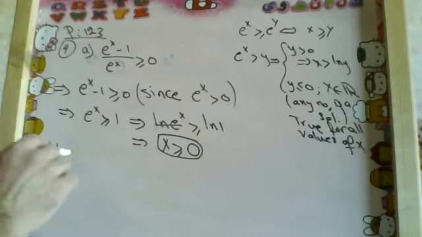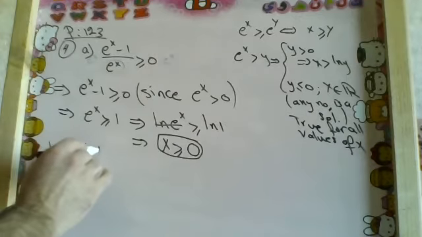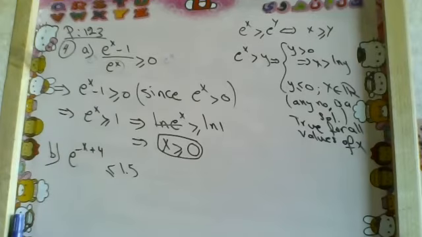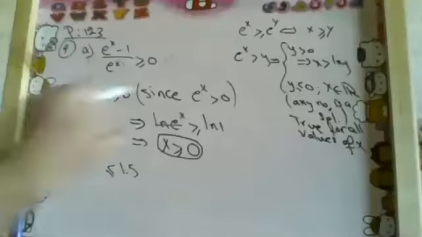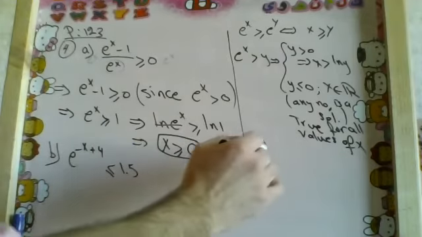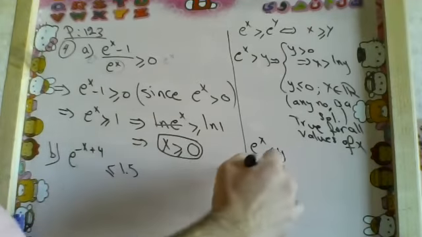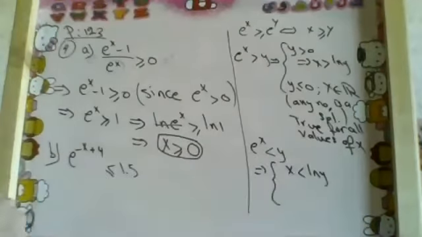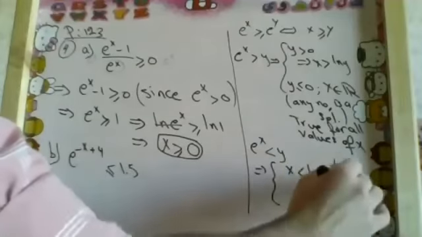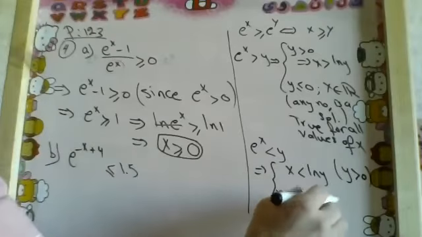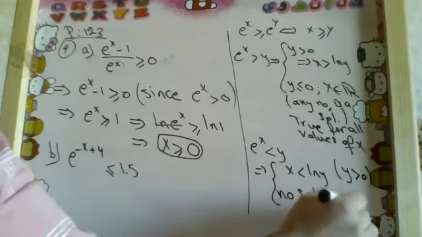Part B, you have e to the power negative x plus 4 is less than or equal to 1.5. هون على فوق فيك نزيد عليها شغله، انه if you have e power x is less than y, بتضلها x is less than ln y على شرط طبعا اذا y greater than 0, and has no solution if y is less than or equal to 0.